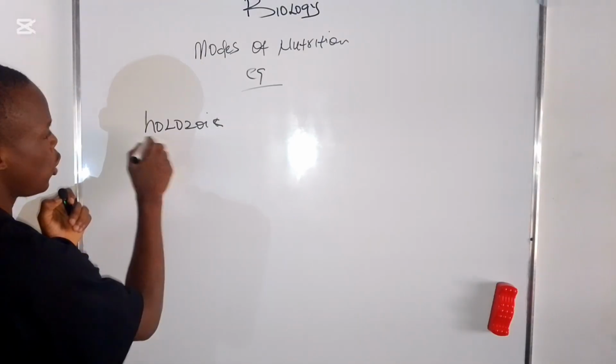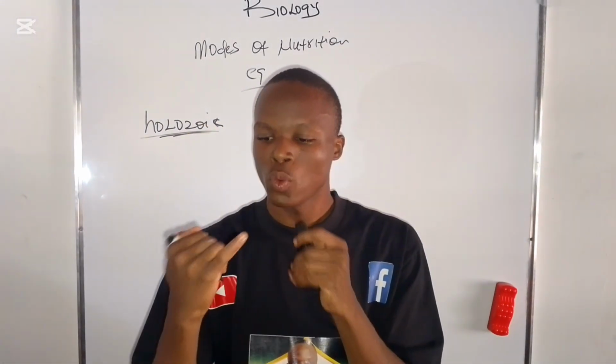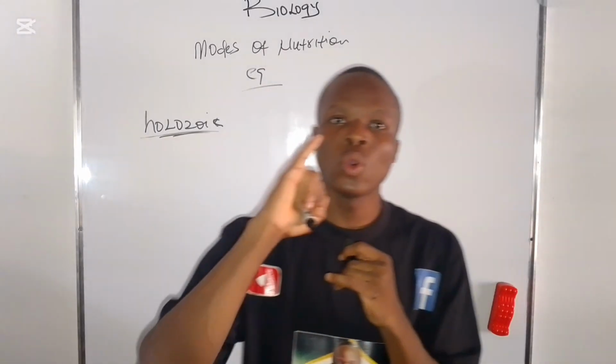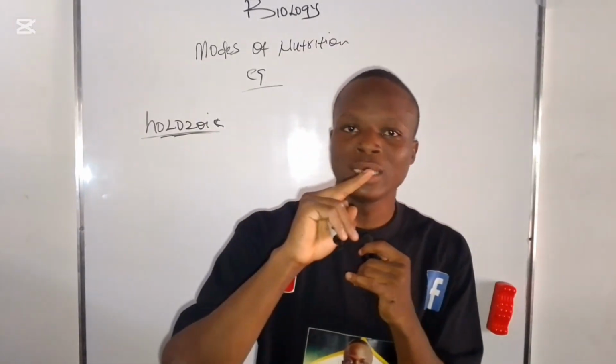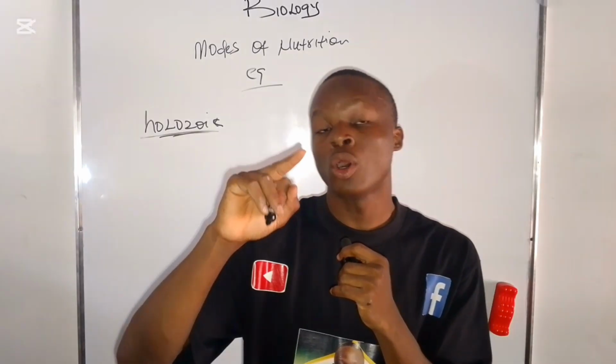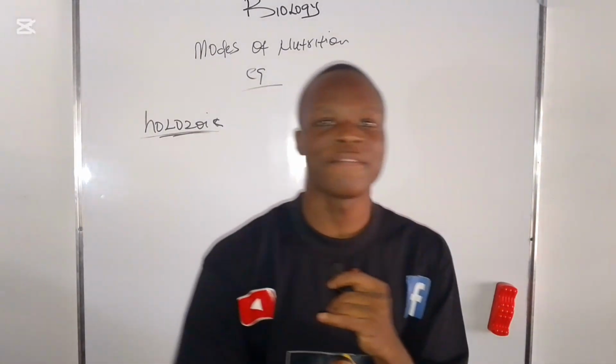The organisms that undergo this nutrition undergo five things. One is ingestion. Two is digestion. Three, absorption. Four, assimilation. And five, egestion.